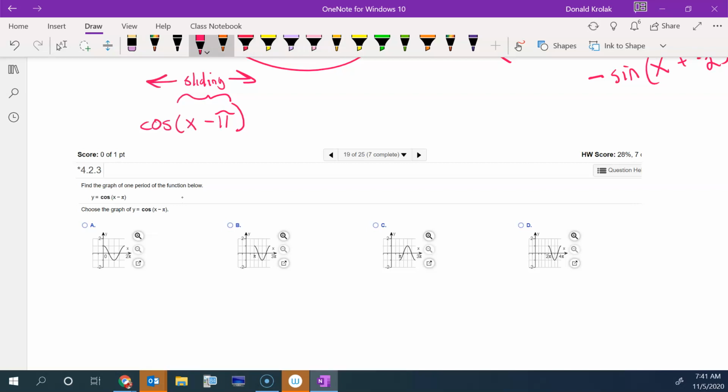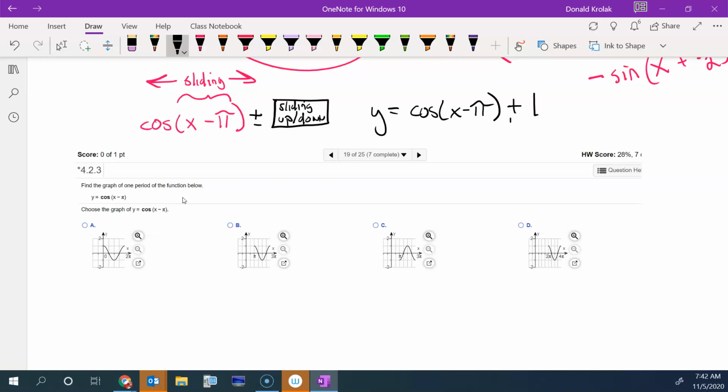Anything that happens out here, whether it's a plus or a minus, is sliding up or down. So if I had y equals cosine of x minus pi plus something, that would be sliding up, or minus would be sliding down. So this one is a right or left slide.